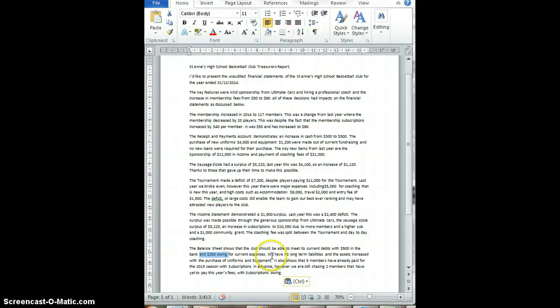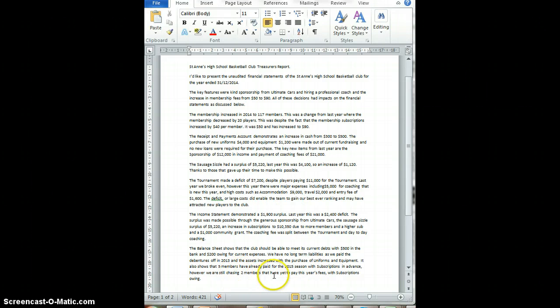No long-term liabilities, I might add, as we paid the debentures off. That was given to us in the other information, so we should include it here. And the assets increased with the purchase of uniforms and equipment. We've already put dollar figures up the top here, so we're not going to put them down here.